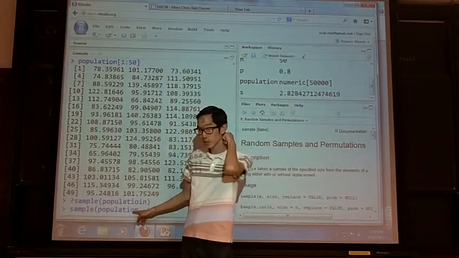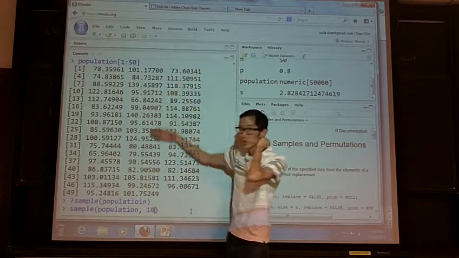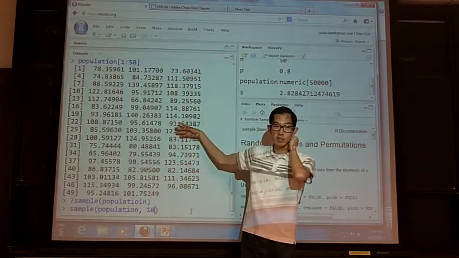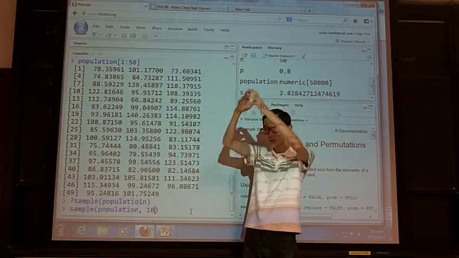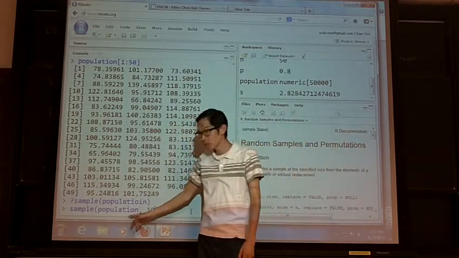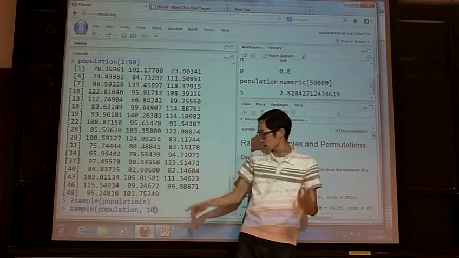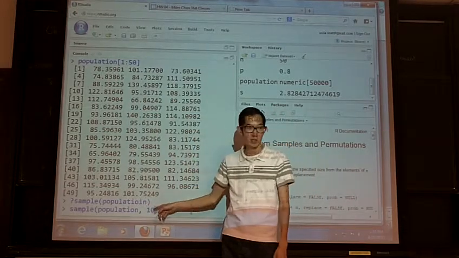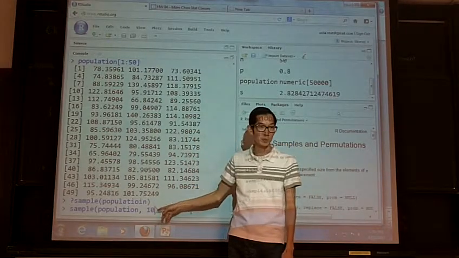Here, population is a list of 50,000 different IQ values, a giant list, and sample says go into that giant list and take out this many. So I'm just saying take out 10 people.